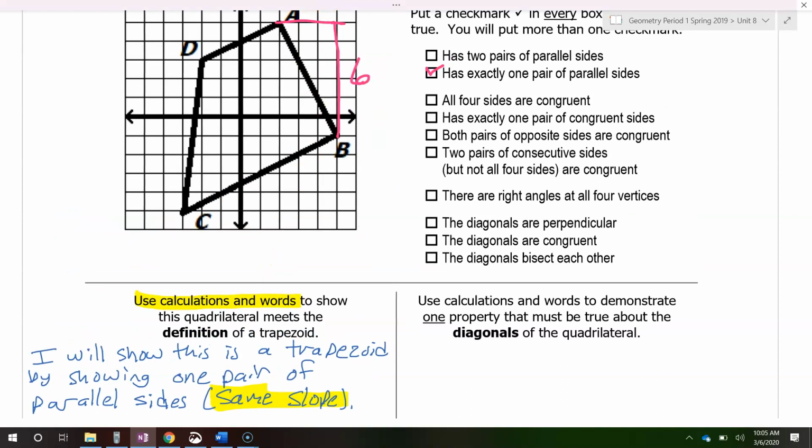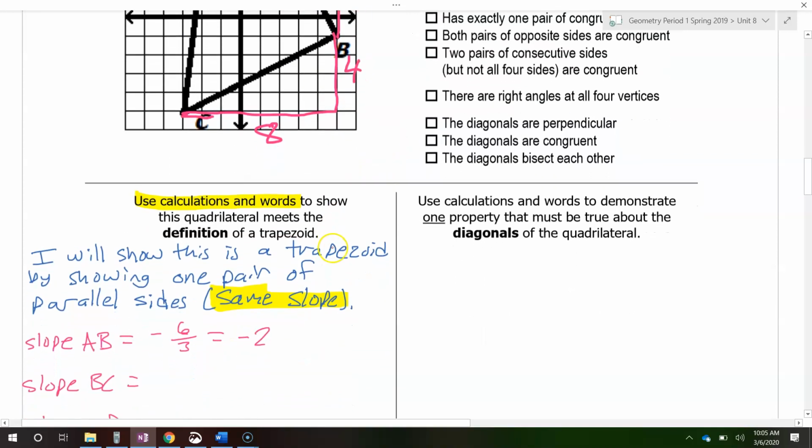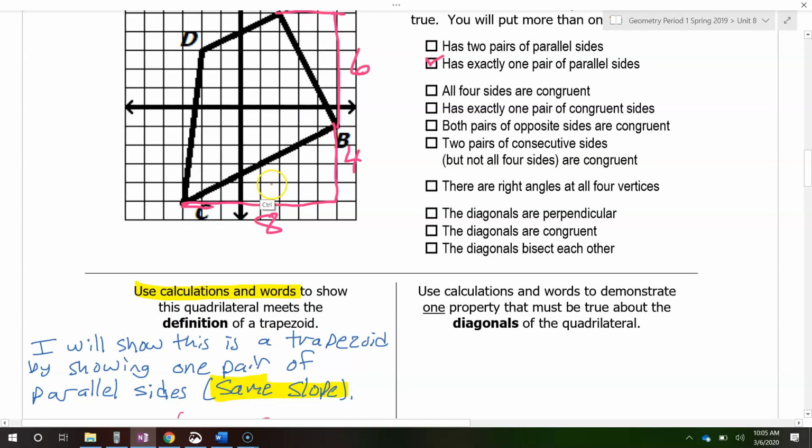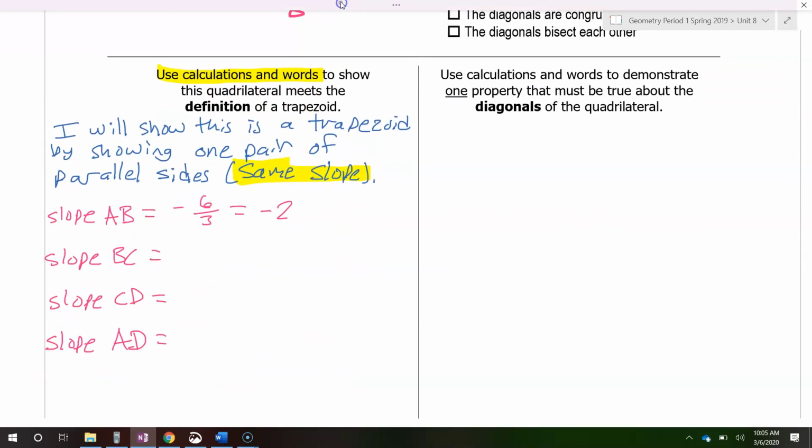Now, BC. The rise is 4, and the run is 8. So that's 4/8. Is this positive or negative? Positive. Positive is uphill. So I have 4/8, which is 1/2.